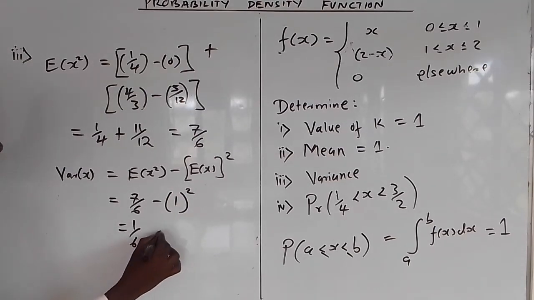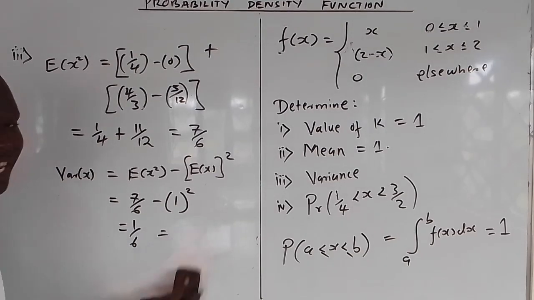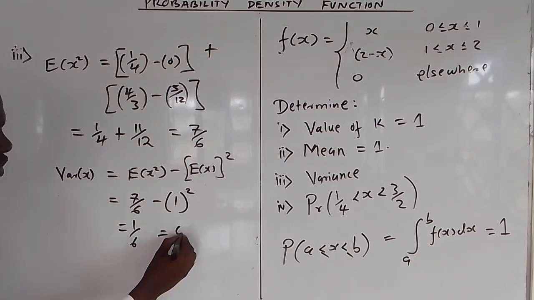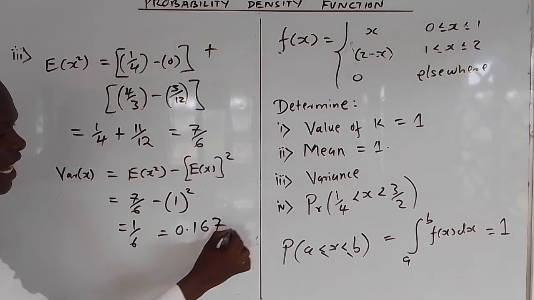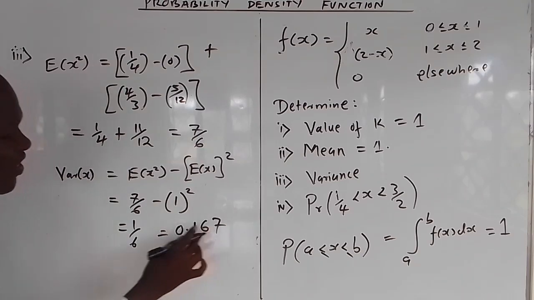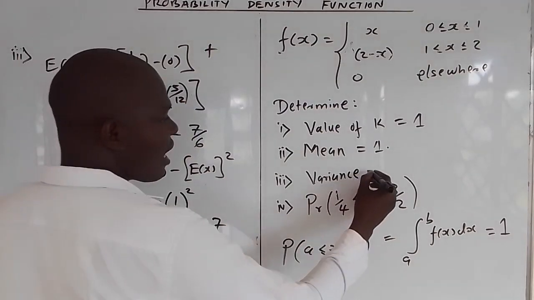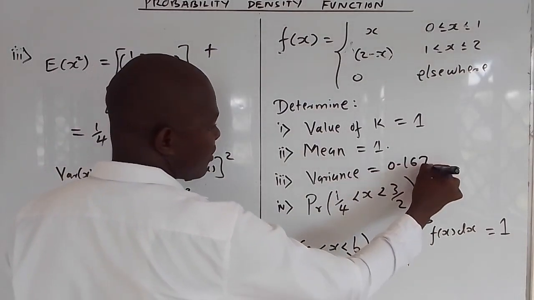In decimals, that is 0.167, like that, 0.16666. Good. So that is the variance of x. You have found the variance to be 0.167.